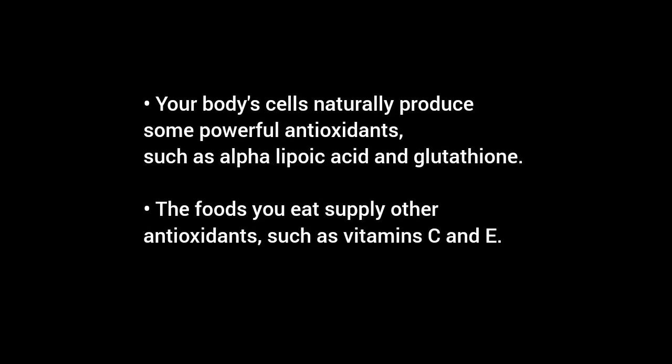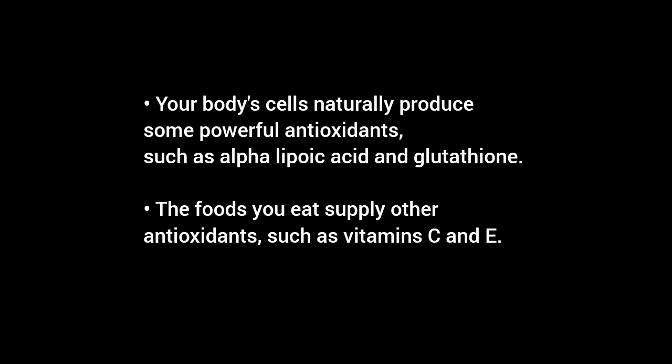So where do we get these antioxidants from? Some of these are produced in our body. Our body cells naturally produce some very powerful antioxidants like alpha lipoic acid and glutathione, but they are not sufficient. It has been reported that our body needs about 8,000 to 11,000 antioxidant units per day.